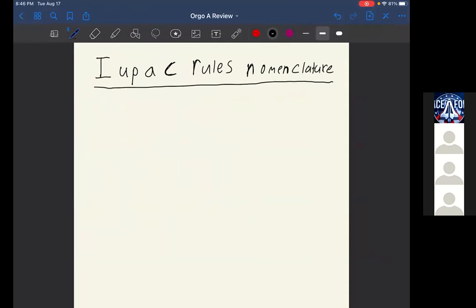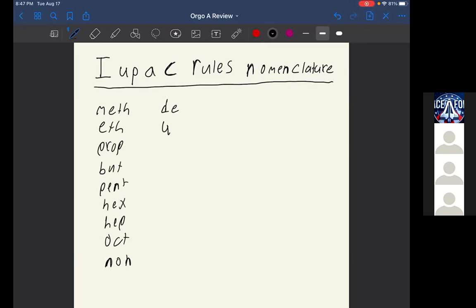Yeah. So meth, eth, prop, but, pent, hex, hept, oct, non, dec, undec, dodec, and tridec are going to be your prefixes when dealing with that.